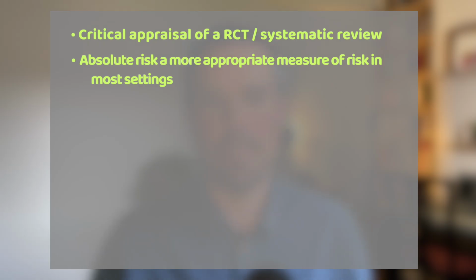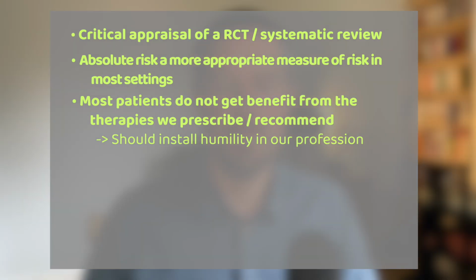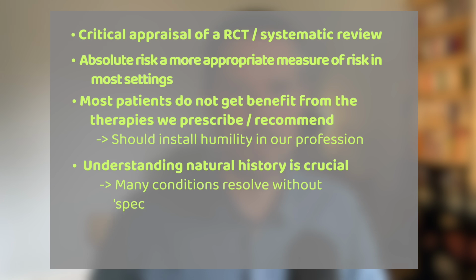We've learned that most people do not benefit from the drugs which we prescribe. Even our most effective medications in medicine, most patients do not derive a benefit, and some may get harmed. And that should instill in all doctors humility when we treat patients, and also might help us de-prescribe medications in the future.